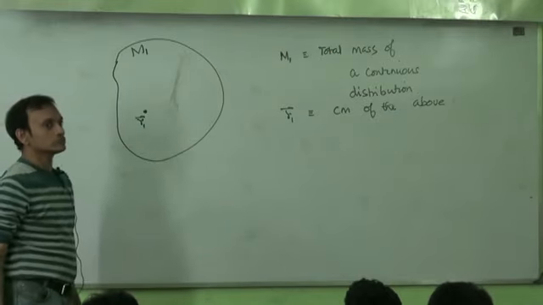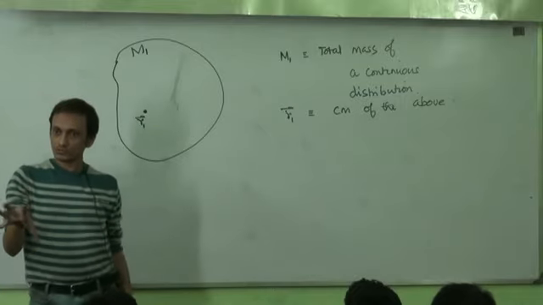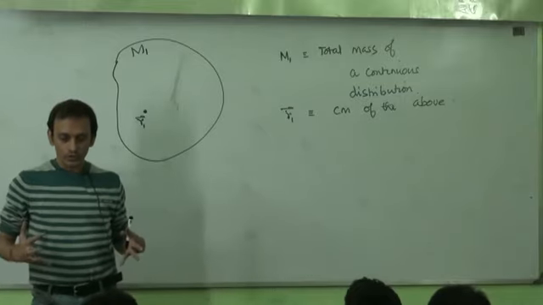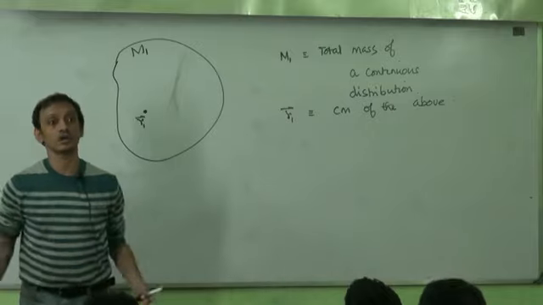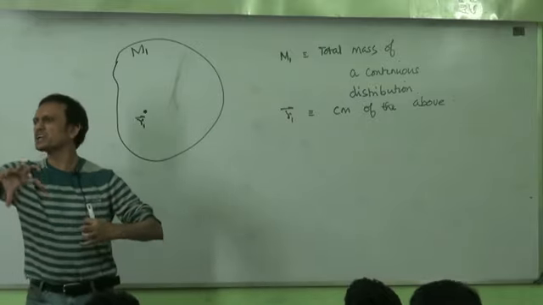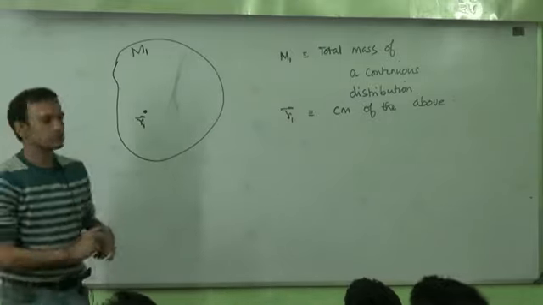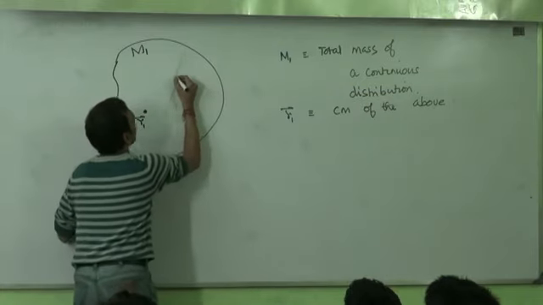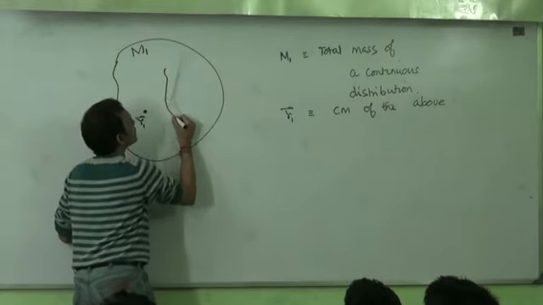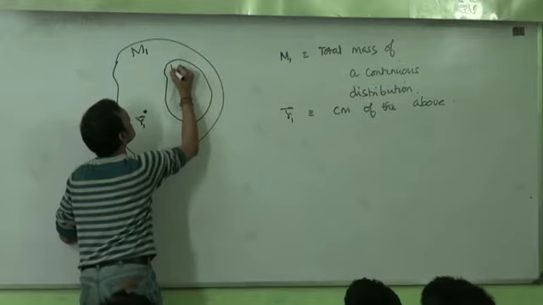Now, from this distribution, I remove a certain mass. I cut a flesh out of it. Let's say the flesh that I cut out of this whole thing is a mass m2.